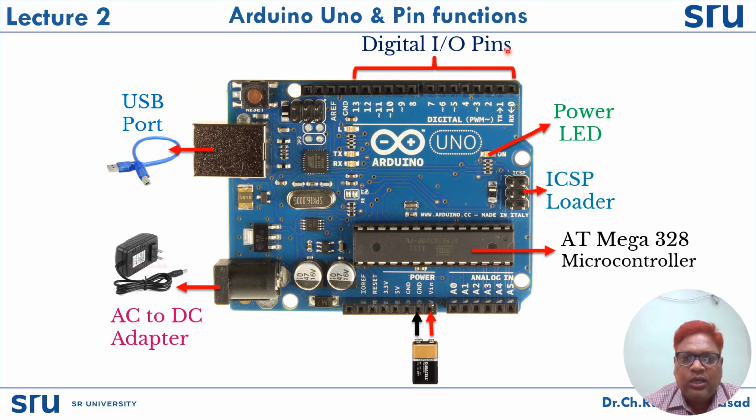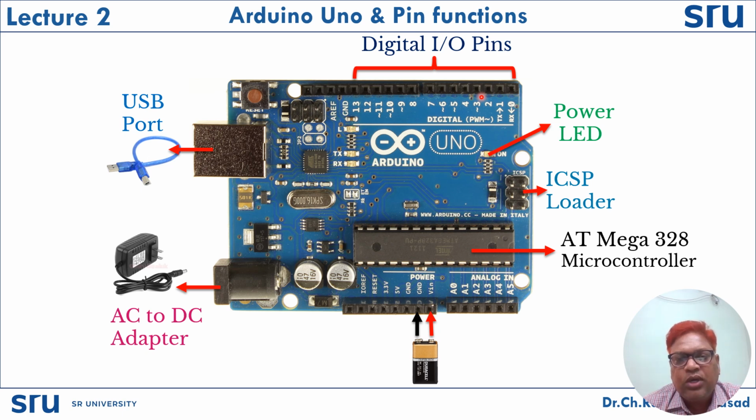Let us consider on is represented with 5 volts, and off is represented with 0 volts. That means it gives an input with two possibilities, 0 volts and 5 volts. That means it is a digital input. When you are using a digital input, if you want to connect to one of the 14 lines, then that corresponding line should be programmed as an input line.